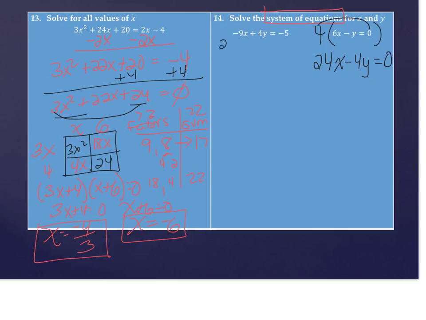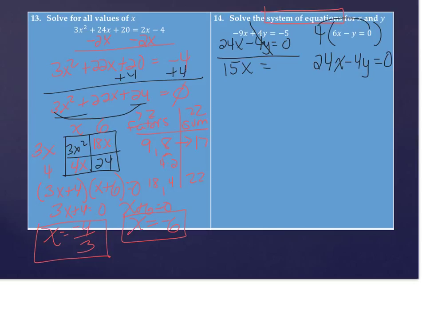Okay, so now we have 24x. I'm going to line this up so that I can easily add like terms. Negative 9x plus 24x. What is that? We end up with a positive 15x. 4y minus y cancels to 0, reduces to 0.